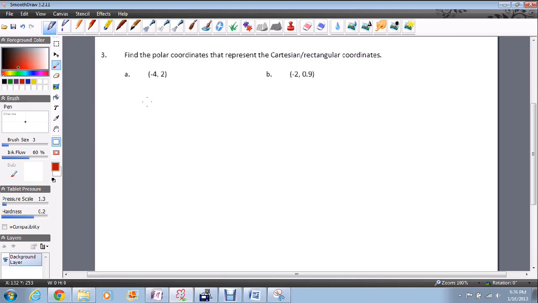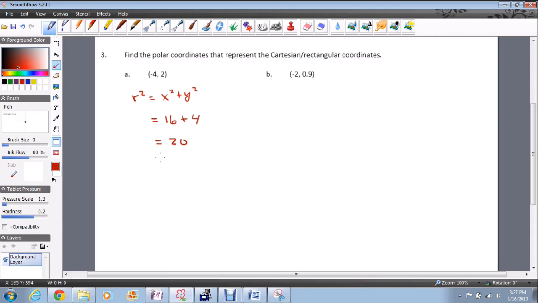Don't ask for both. So what I want to do in order to figure out what r is, use that formula we've always used. R squared equals x squared plus y squared. And if I substitute my values in, negative 4 squared is 16, plus 2 squared is 4.